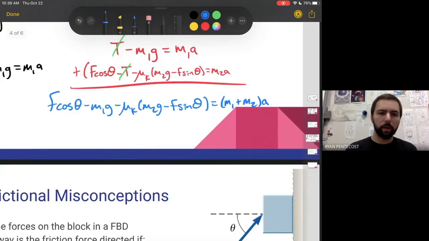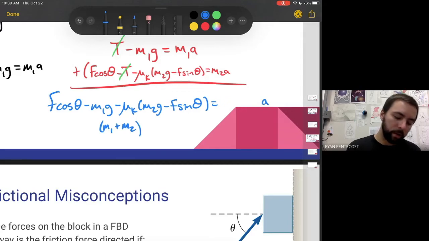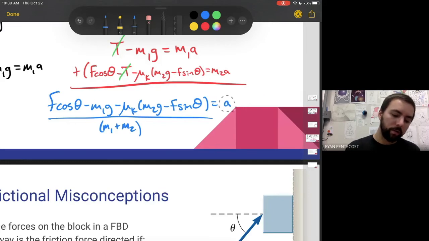Now we need to determine acceleration. So what we'll do is we will divide all of that by the summation of masses, and voila, we have our acceleration.